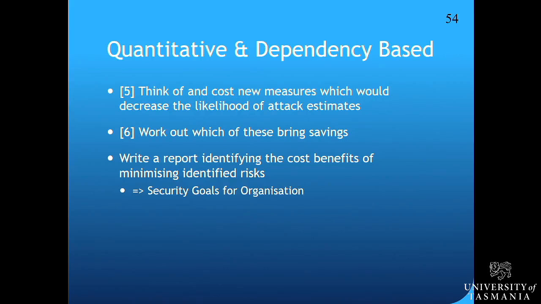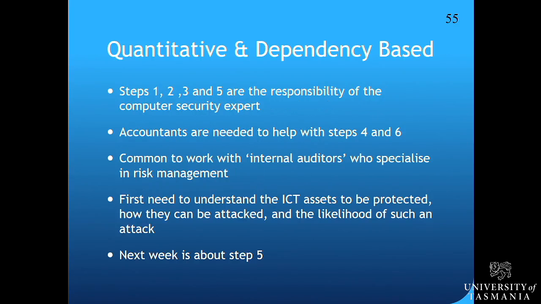If we look across all of those, what we see is that steps 1, 2, 3 and 5 require ICT professionals. They require the people that operate the systems, or at least people who can consult about those systems. We need the accountants for steps 4 and 6 to cost what's the outage cost if a thing occurred, and what's the saving?